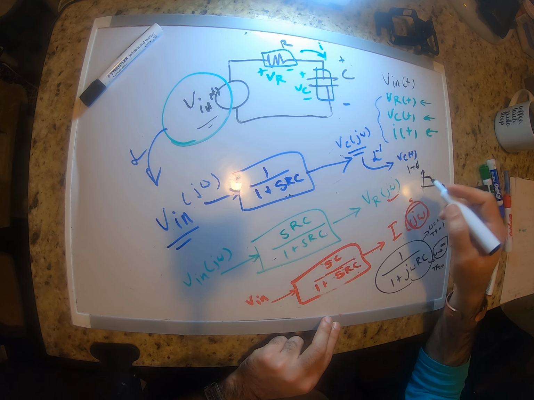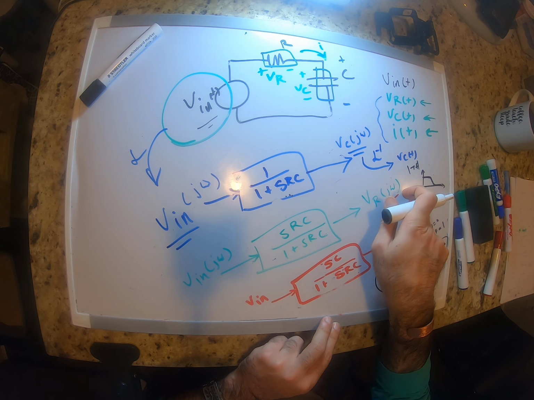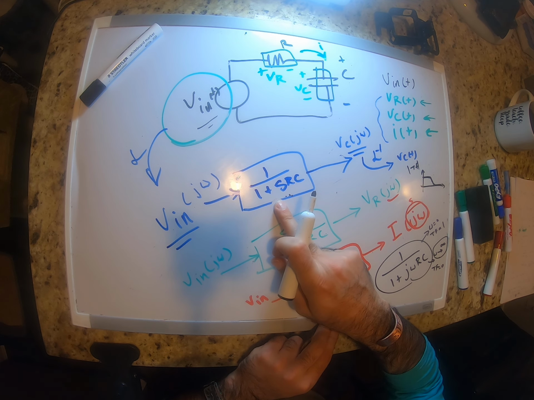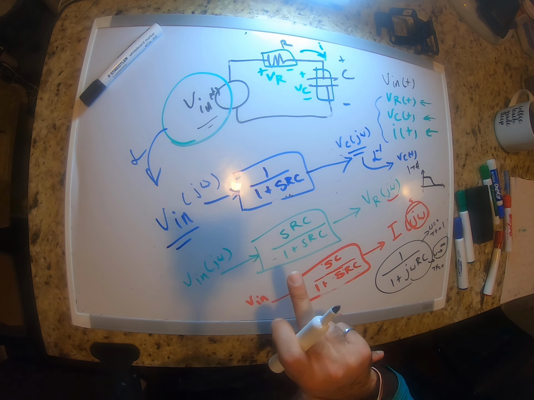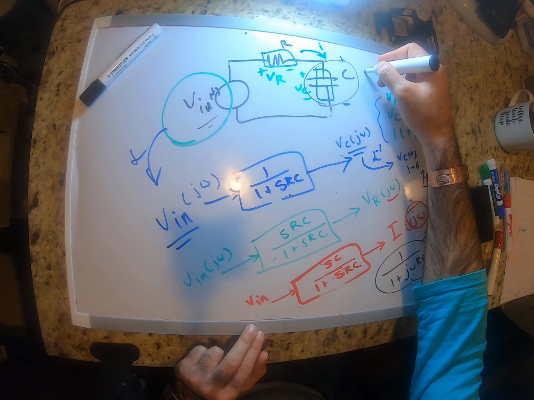Okay, so this is a system that passes the low frequencies but reduces, mitigates the high frequency. So if we look at this one, this is a low pass filter.